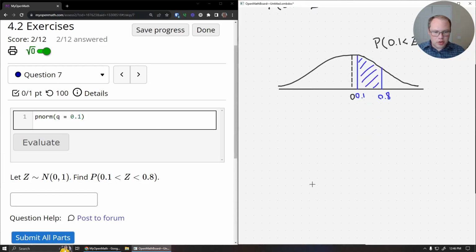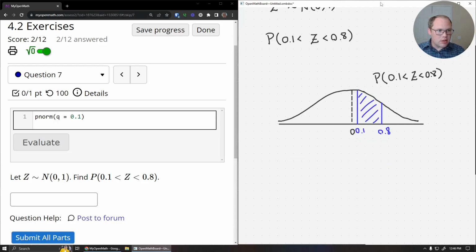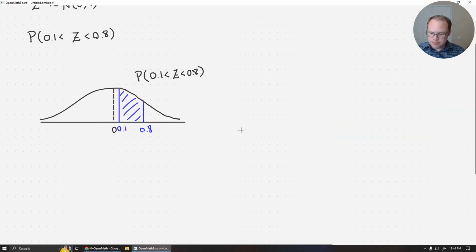So what we are going to do is a little arithmetic here. We're going to start by taking more than we need. So I'm going to start with that bigger value, that 0.8, and I'm going to calculate all of the area to the left of that.